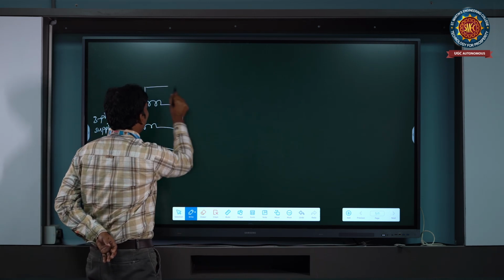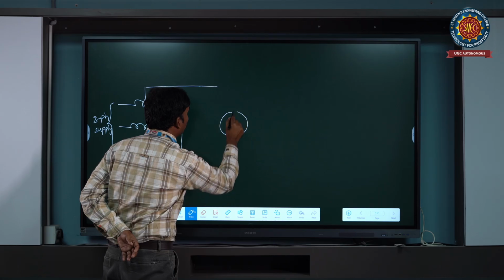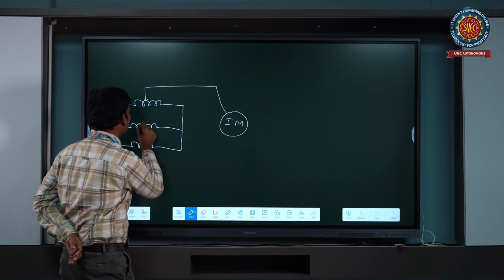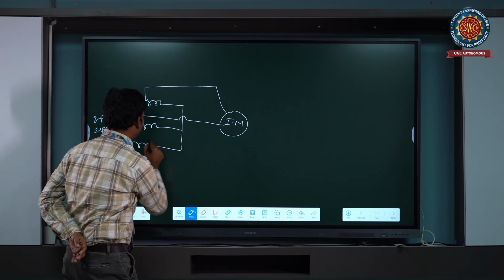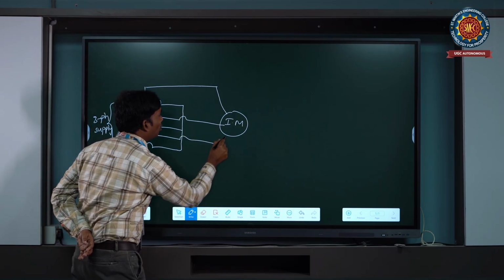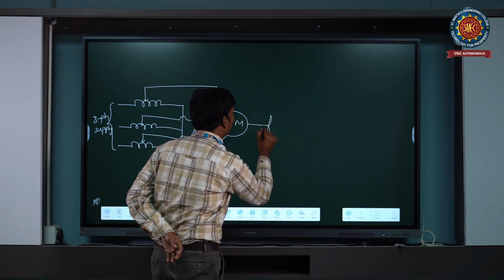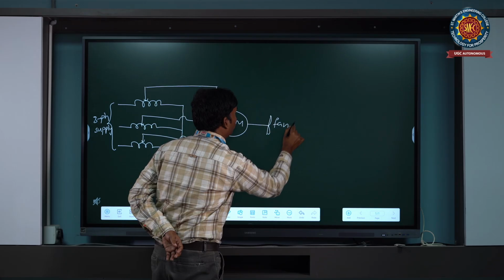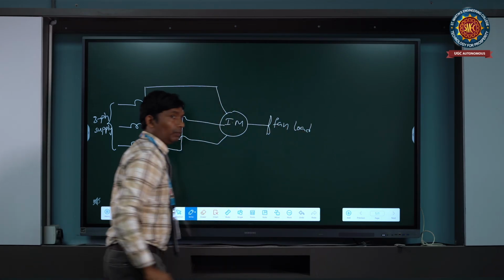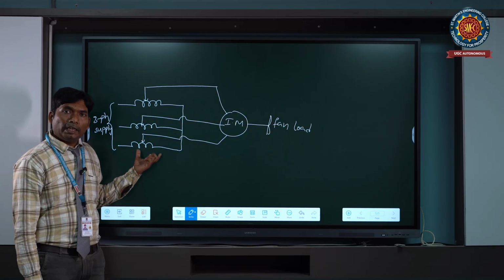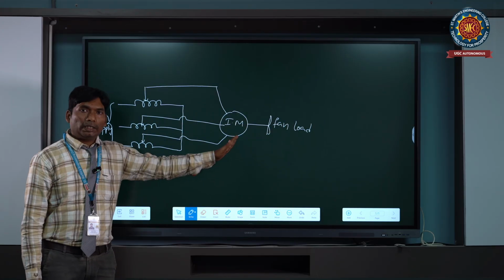The three-phase auto transformer is connected to the induction motor, and the induction motor is connected to the fan load. Here we have connected one three-phase auto transformer in between the supply and induction motor.